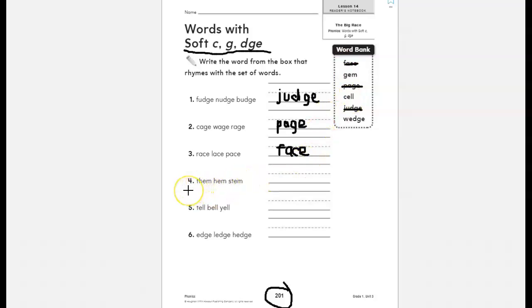On number 4, we had them, hem, stem, and gem. The word gem rhymes with the words them, hem, and stem.